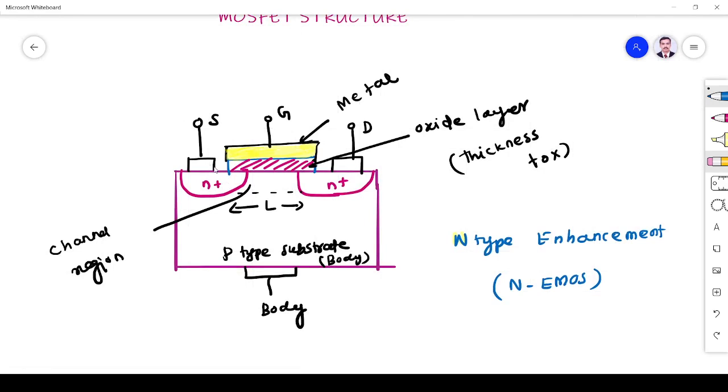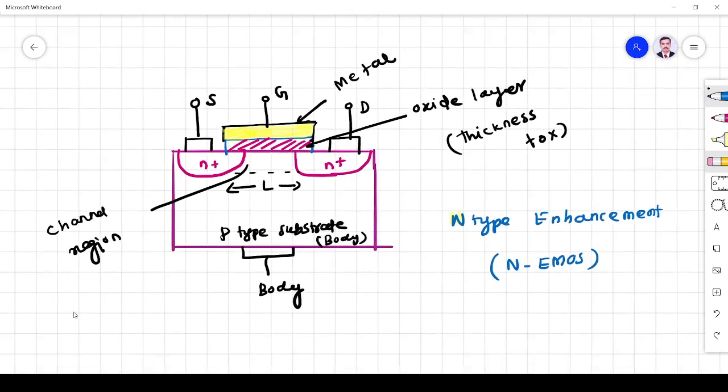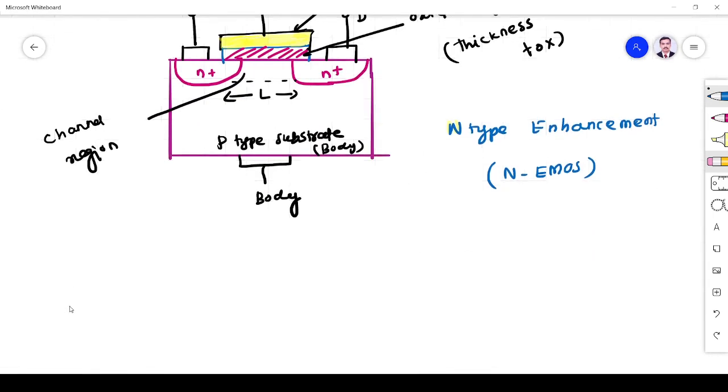Here we have what is called the substrate, right? So the transistor is fabricated on a substrate. So MOS is fabricated on a substrate only, right? So here we have P-type substrate. Another name for substrate is body, right? So what is substrate?